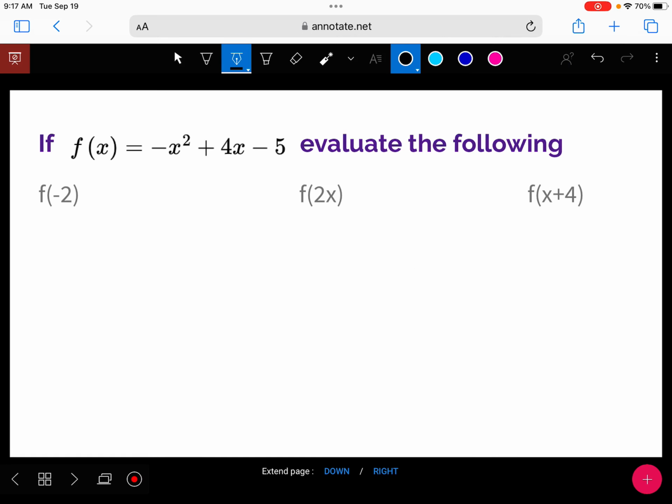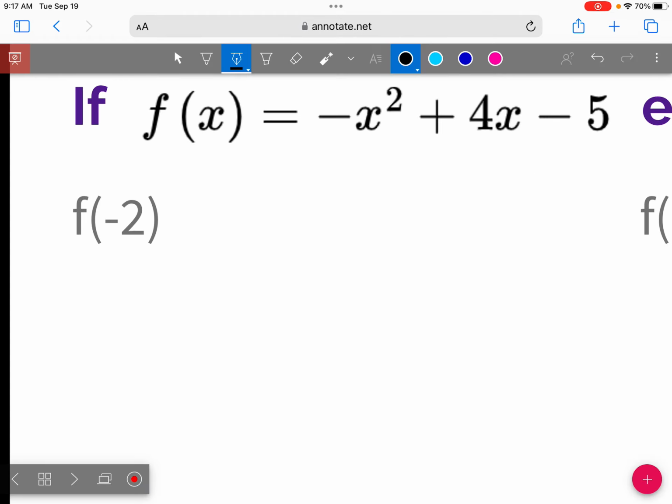Next part. Sometimes our functions aren't going to be just lines. So here I've got f of x is minus x squared plus 4x minus 5. But we're doing the exact same process. F of negative 2 means we're going to substitute in negative 2 in place of my x.